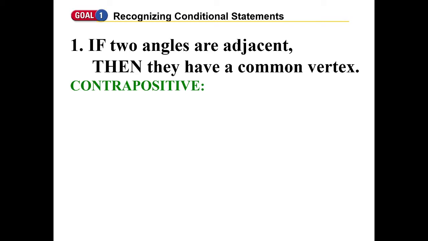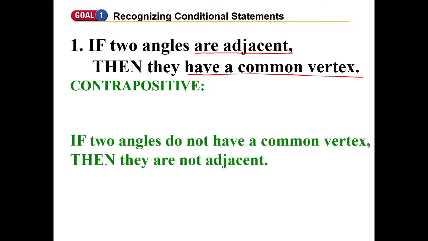The contrapositive: if two angles do not have a common vertex, then they are not adjacent. Okay, that's totally right. If two angles do not have a common vertex, then they are not adjacent.